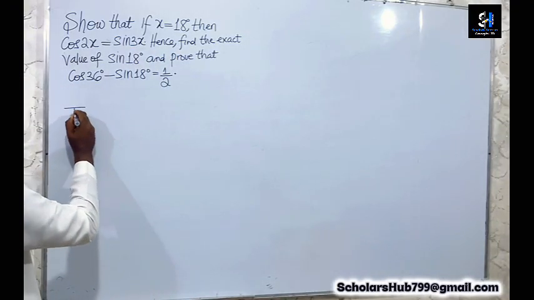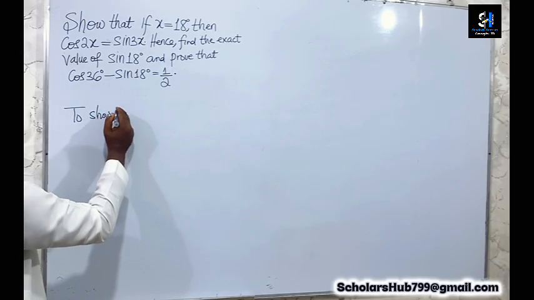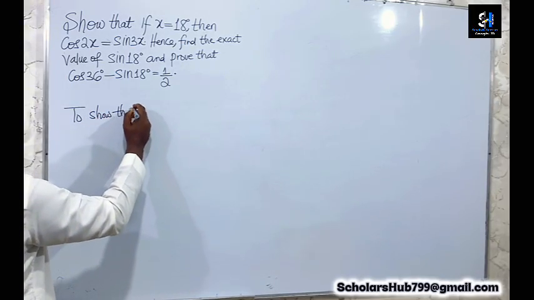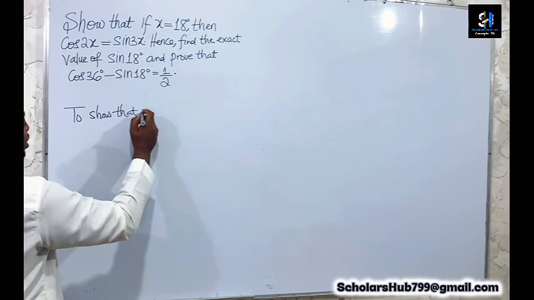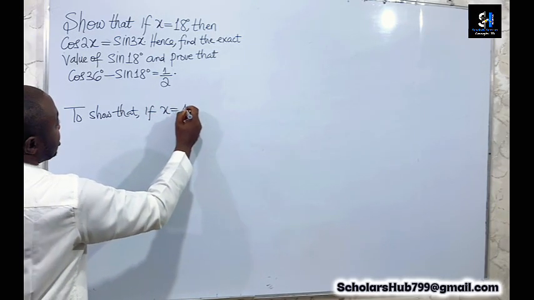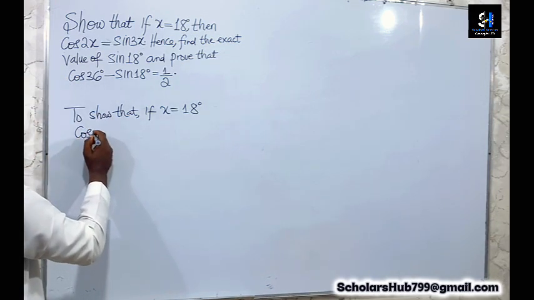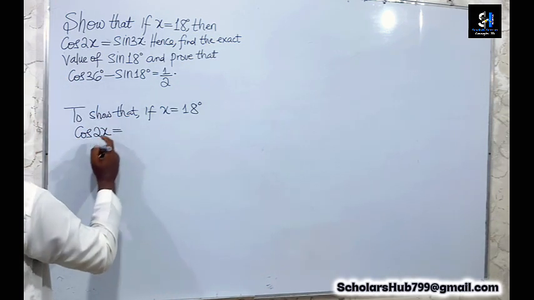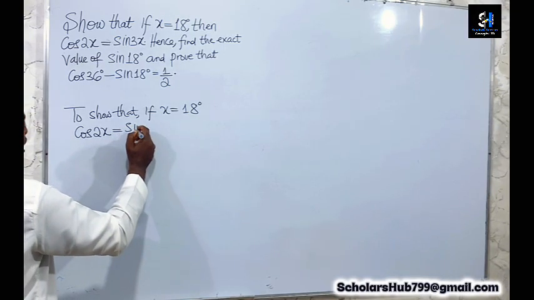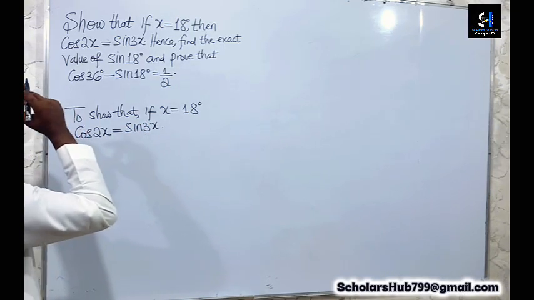So for the first question, we want to show that if x is equal to 18 degrees, cos 2x will be equal to sine 3x.